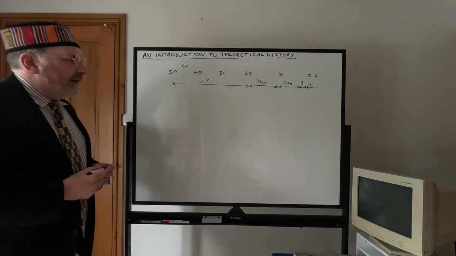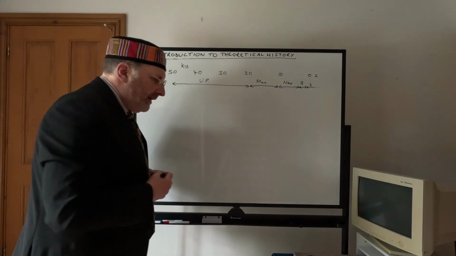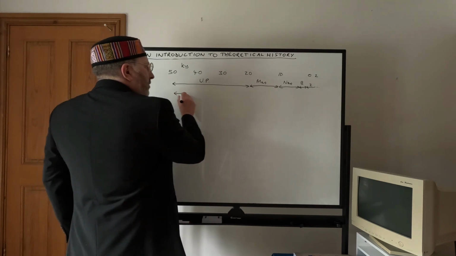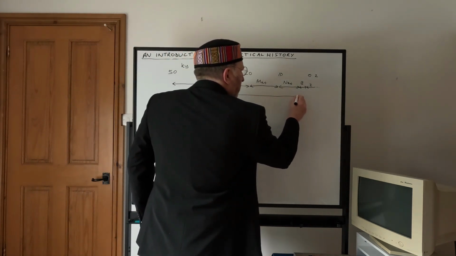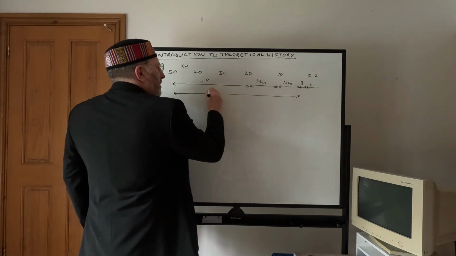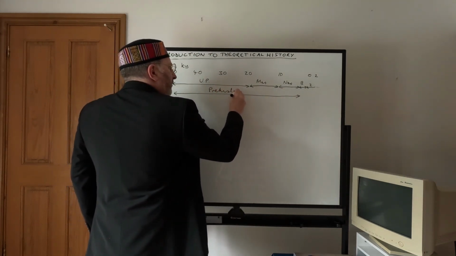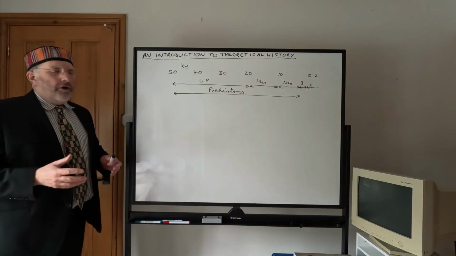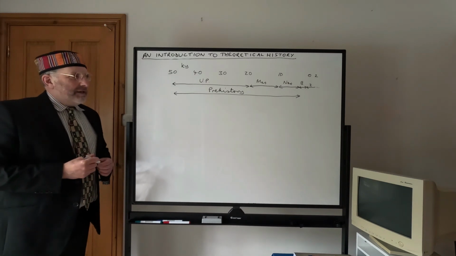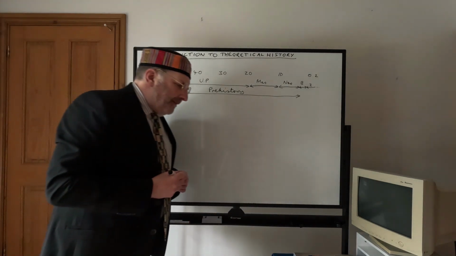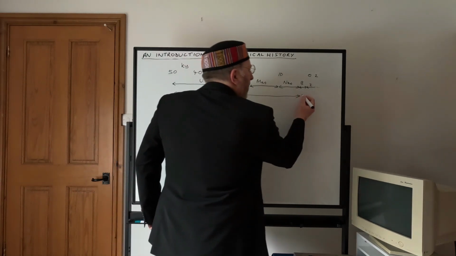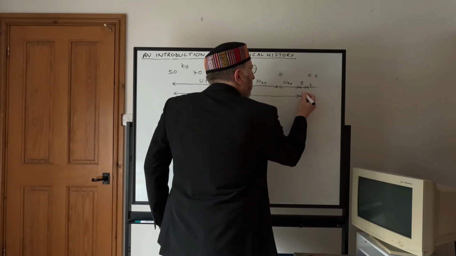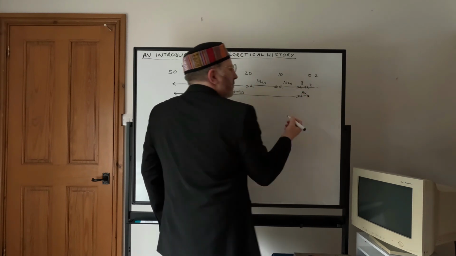Then for historians, how they would divide up history is from here all the way up pretty much to the beginning of the Bronze Age is prehistory, before history. So there wasn't any history, not history in terms of documents, because there wasn't any writing. Then with the Bronze Age up to perhaps around 500 BC or a bit earlier is the ancient world.